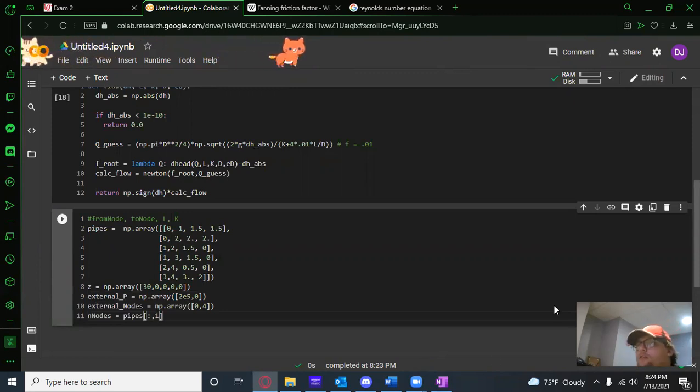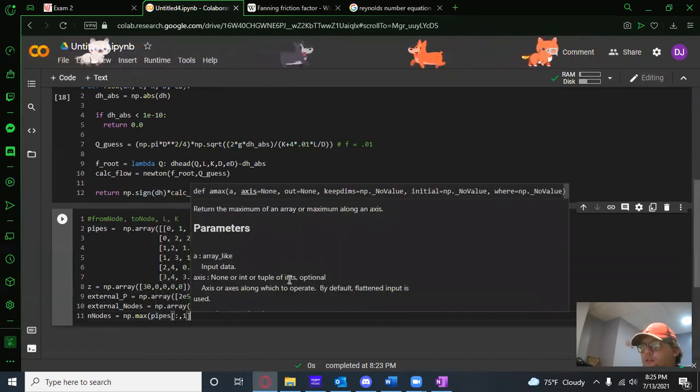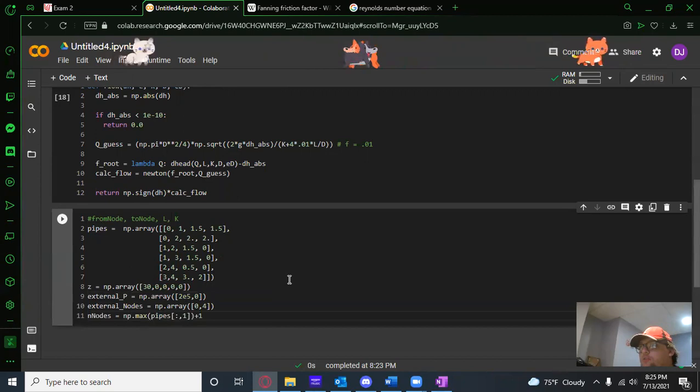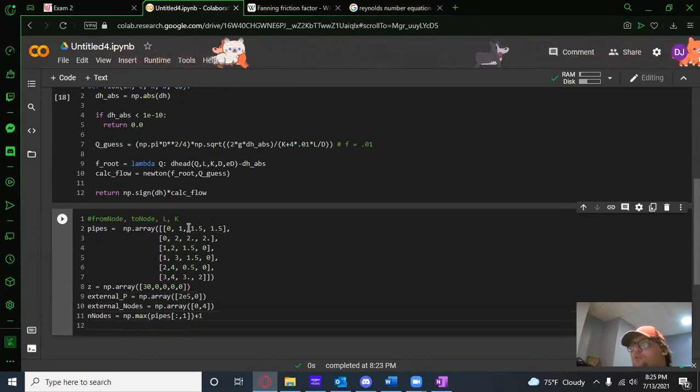So not the first value, but index 1. And we're going to take the max and add 1 to it, because the number of nodes is 1 more than the max. So there are 5 nodes, and this just goes up to 4.